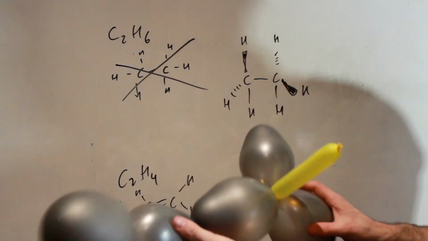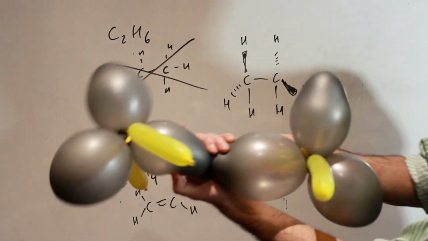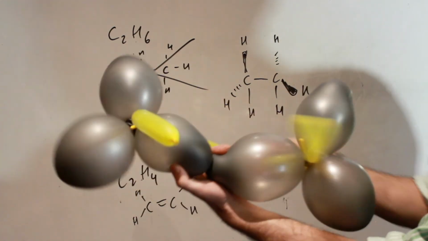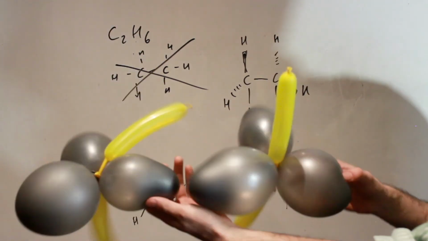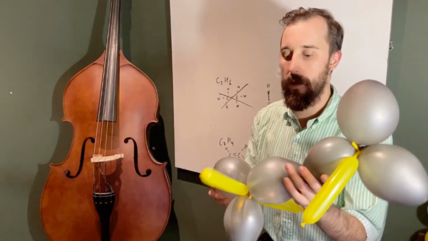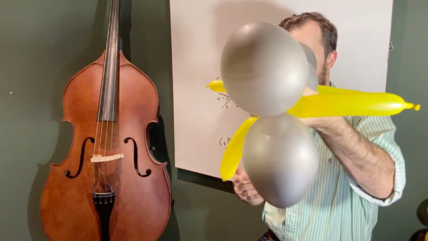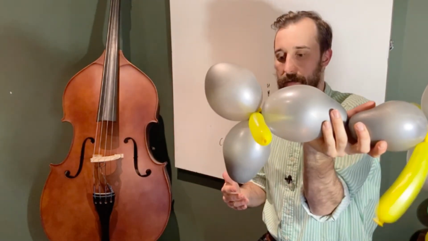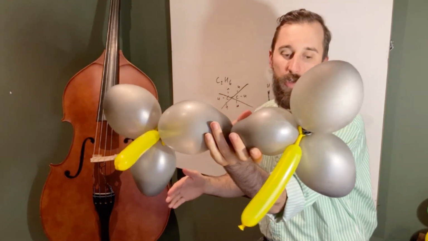Now, when I line these up, and when I have my double bonds coming over like that, I don't have enough hands, but if we just look at the silver balloons, what we see is that all these silver balloons are on the same plane as one another. If I look down like that, they're all on the same plane. So this is a trigonal planar geometry.